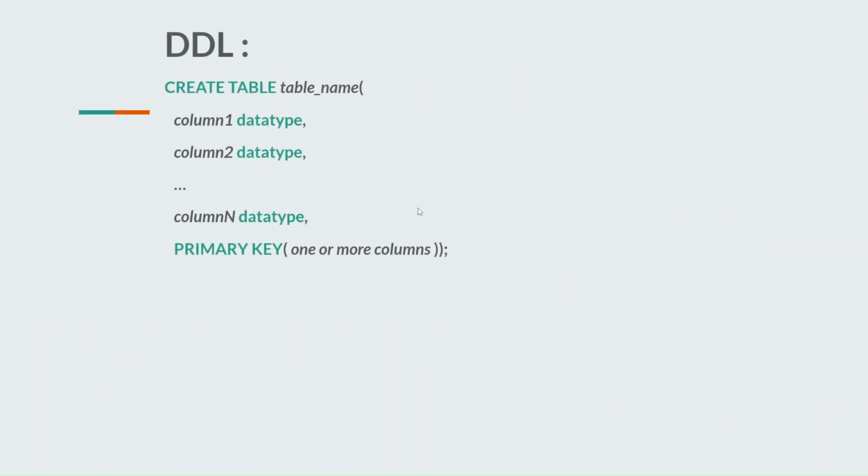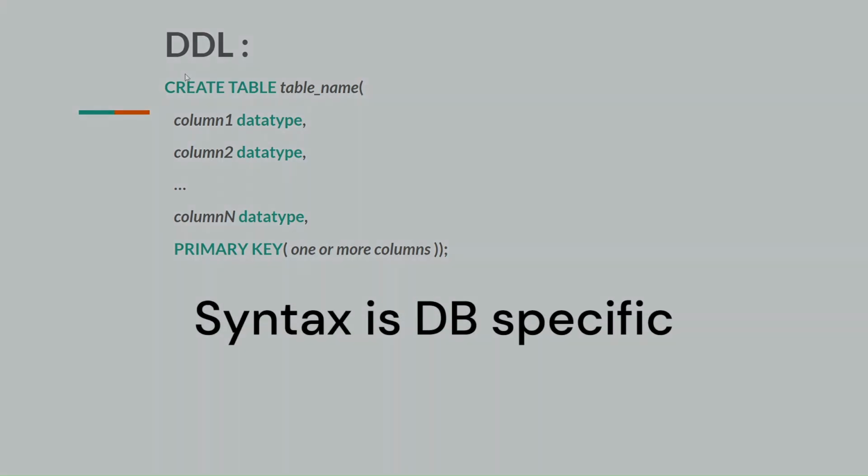Now talking about the generic syntax of DDL, we issue create table, then the table name, the columns, and specify the data types of the columns, whether it is a number or a character, etc. Based on the relational database systems, we can create those tables using this syntax. Note that this syntax might vary slightly from one database vendor, Postgres for example, to Oracle to MySQL.